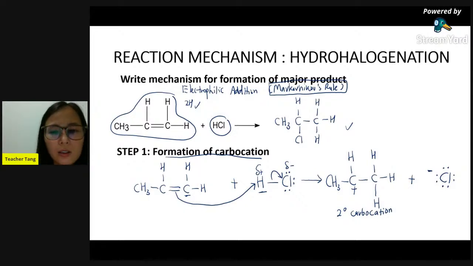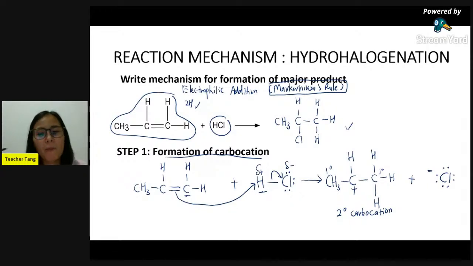So this is step number 1. Is it possible to have rearrangement? Let's look at the neighbor. This is primary, so no rearrangement. Remember, rearrangement needs to form a more stable carbocation. The neighbors are primary, so it is not possible to have rearrangement. After we get the carbocation, we can move on to step number 2.